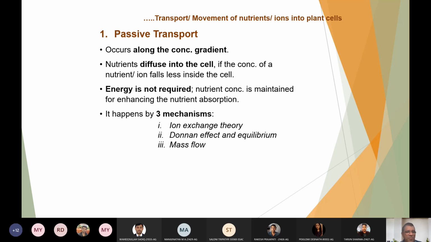Nutrient concentration is maintained for enhancing the nutrient absorption. It happens by three mechanisms. This passive transport without energy happens by ion exchange theory, Donnan effect and equilibrium, and mass flow. So there may be some overlapping also. This is the best classification of mechanisms of nutrient transport. So: ion exchange theory, Donnan effect and equilibrium, and mass flow.